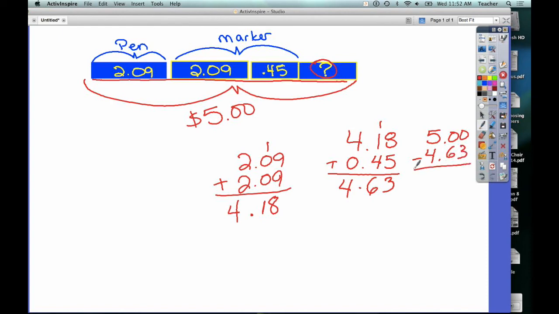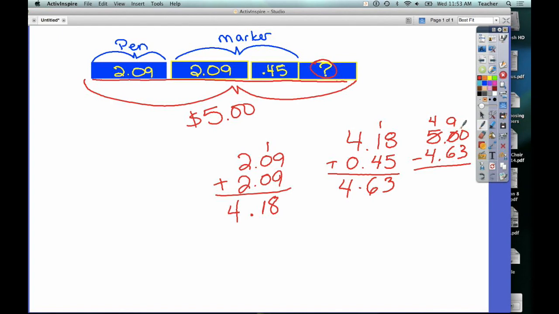So we're going to subtract $5 minus $4.63. Well, I have nothing here. So what do I need to go to borrow from? Borrow from the 5. So this number is no longer 50, but what's the next number below it? What's the next number below 50? 49.